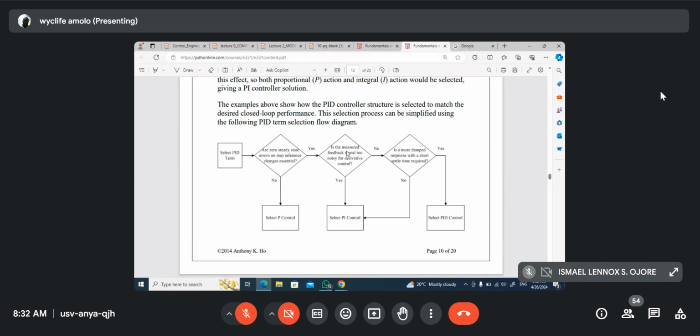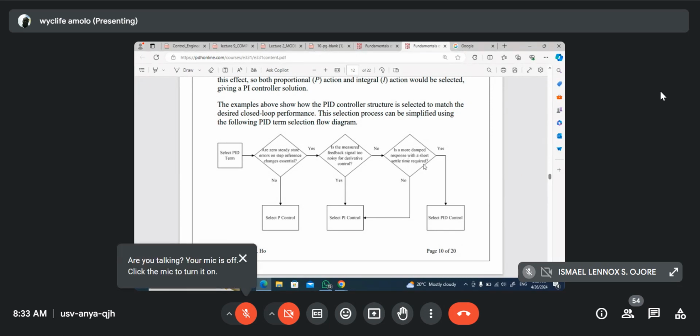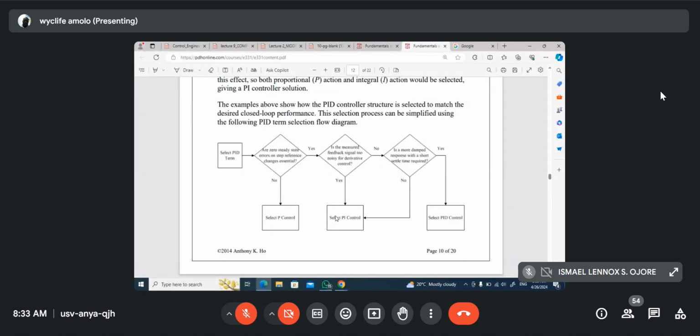Is the measured feedback signal too noisy for derivative control? Yes, select PI, so you leave out the derivative. No, then: is a more damped response with a short settling time required? If no, you select PI and let it work.